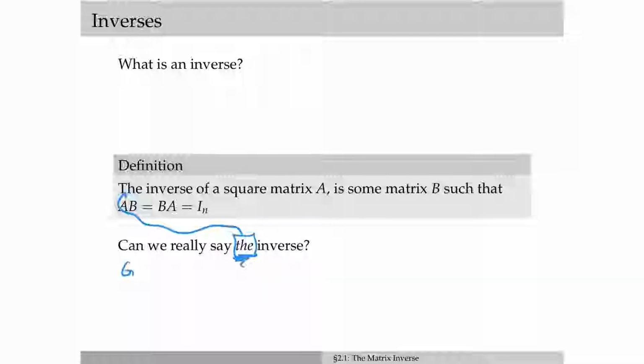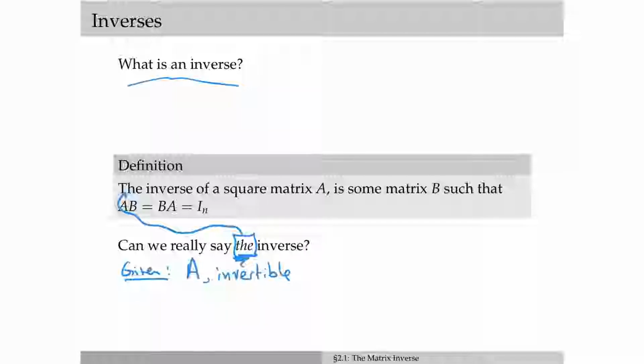So let's say we're given a matrix A, and it happens to be invertible. Okay. So up here we talked about the matrix inverse existing. So that's even a question unto itself.